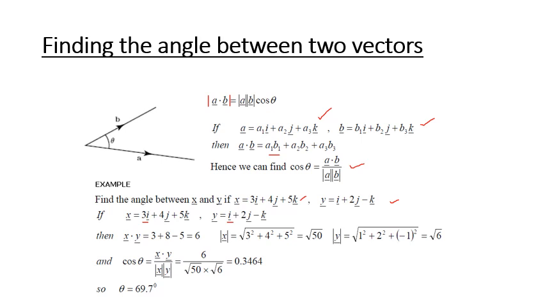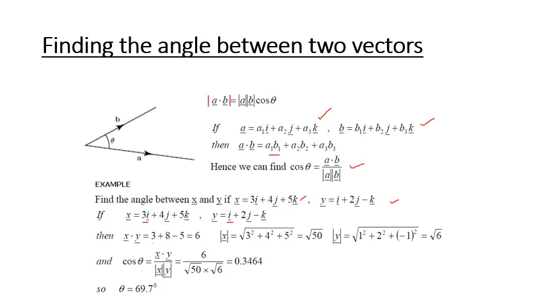So you have to multiply these two values, 3i into 1i. If nothing is written there, imagine that the value is 1. So 3 into 1 is 3.